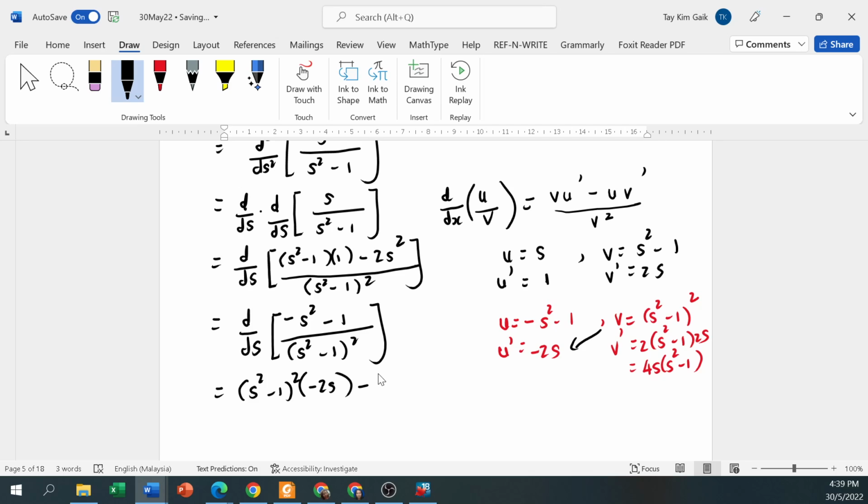For u, I can write negative s squared minus 1, or factor out negative, so negative, and then s squared minus 1 times v prime. V prime, you have 4s times s squared minus 1. So divide by v squared, where v is s squared minus 1 squared again, so s squared minus 1 power 4.